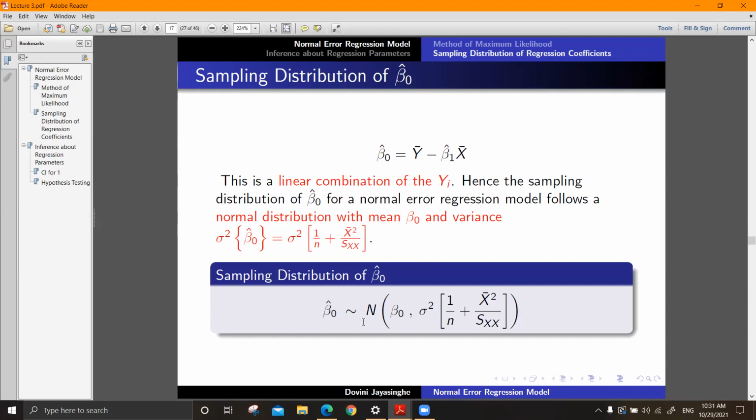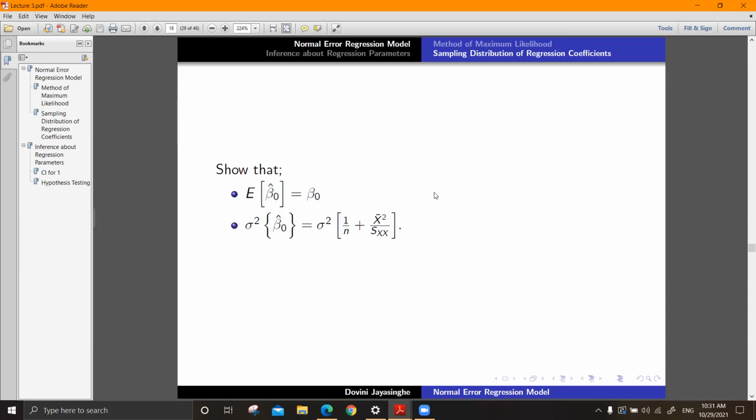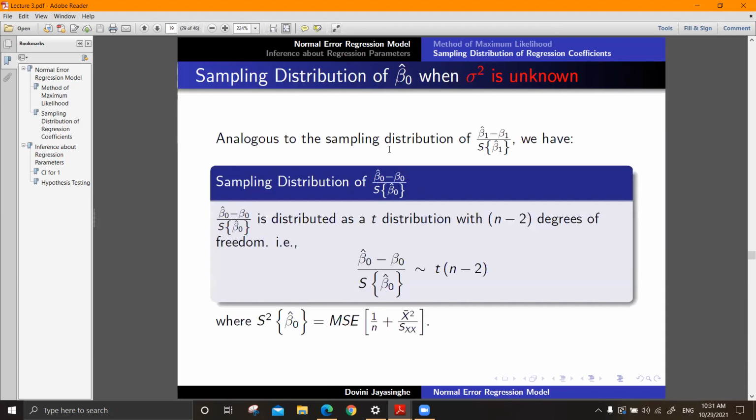How? You subtract the mean, that is this, and divide it by the square root of this, which will give you standard normality. That is how you basically standardize a normally distributed random variable. So it is done like that.